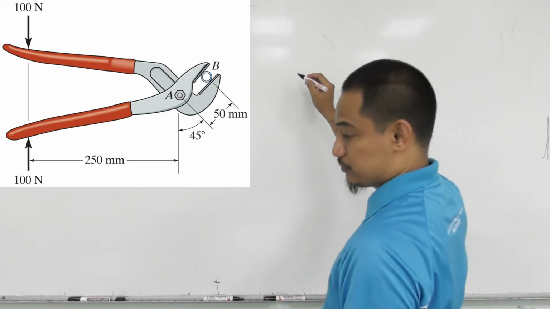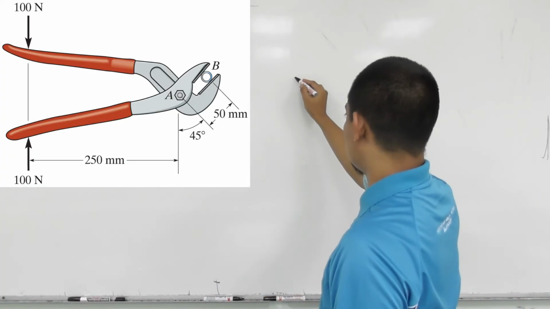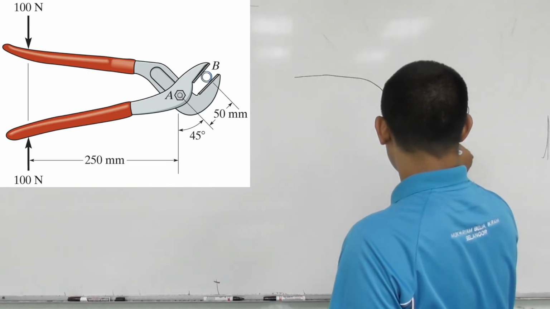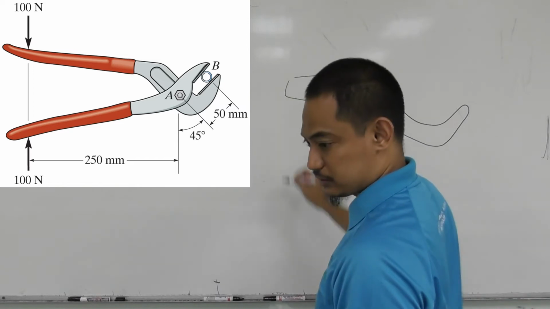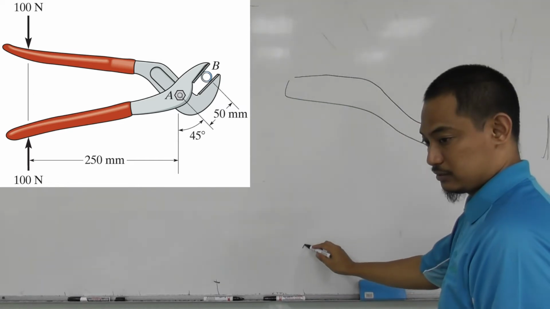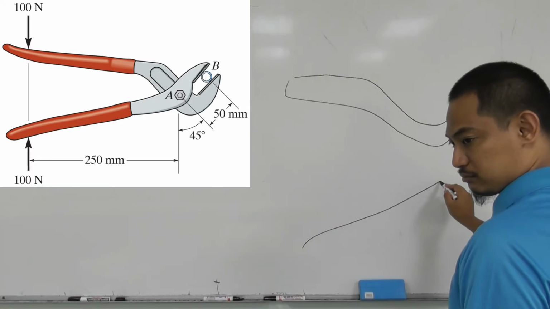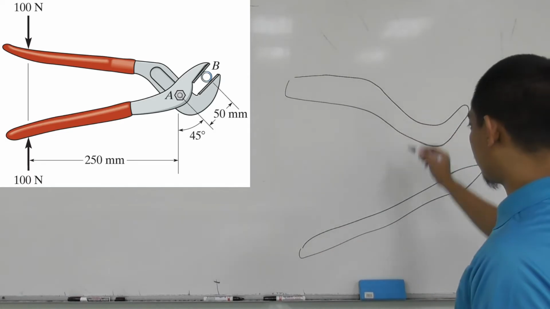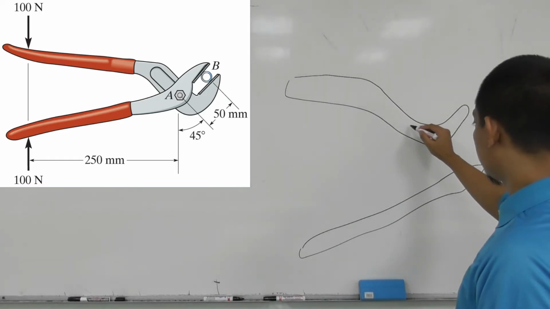So basically, if you disconnect the two, it will be something like this, and then something like this, right? Where the connecting point E is somewhere there.